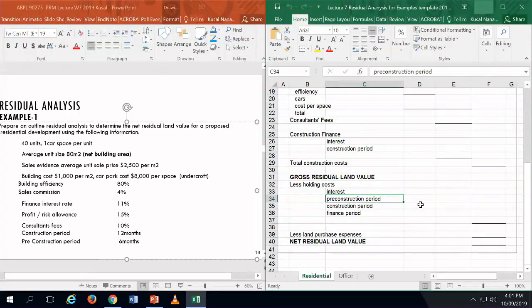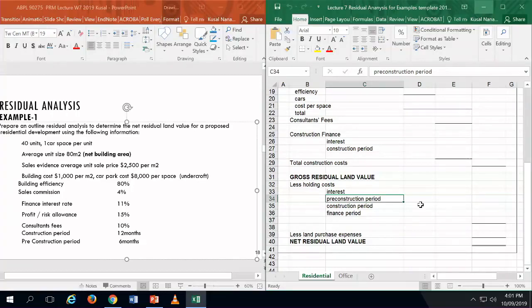So land holding period is longer. The profit margin, if it's like the revenue, that's the profit for the developer. Why do you do a development?